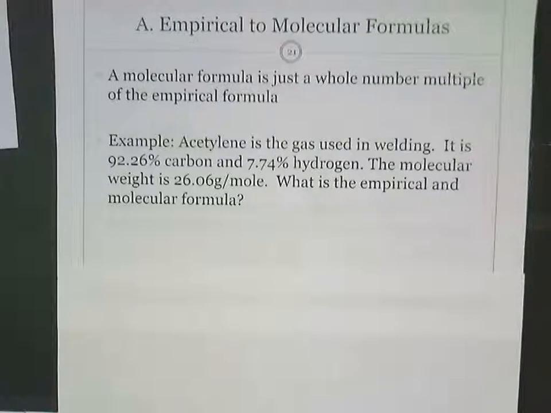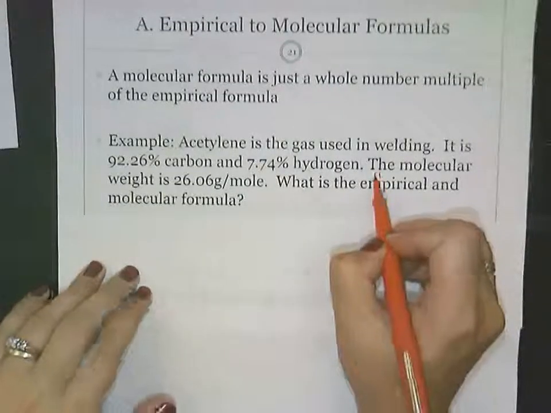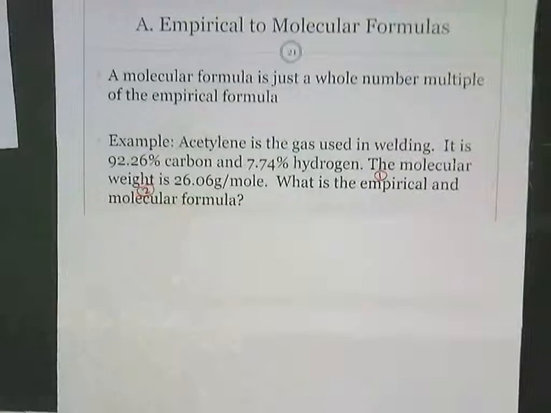All right, so let's say I have acetylene, because that's the gas used for welding. I know that it is 92.26% carbon and 7.74% hydrogen, and I also know its molecular weight. So it's 2 parts. We first figure out the empirical formula, like we just did for the past 2 problems, and then we'll add on a 4th step to go from empirical to molecular.